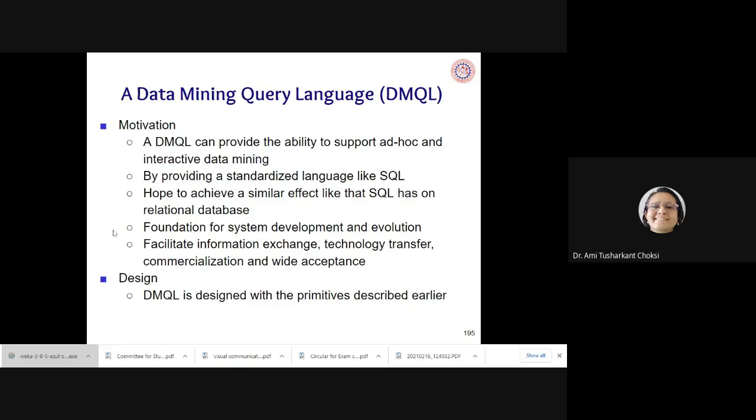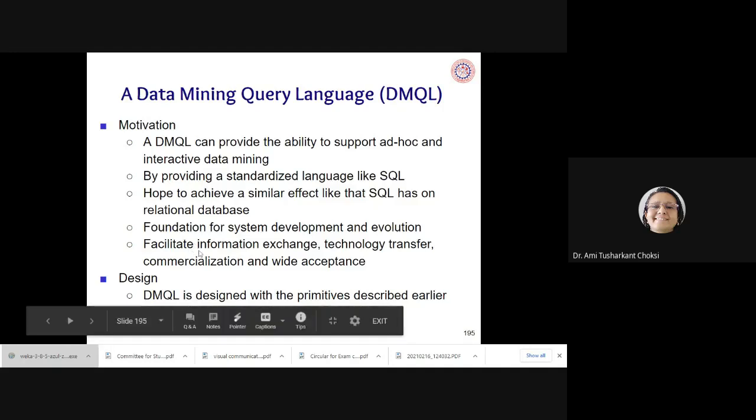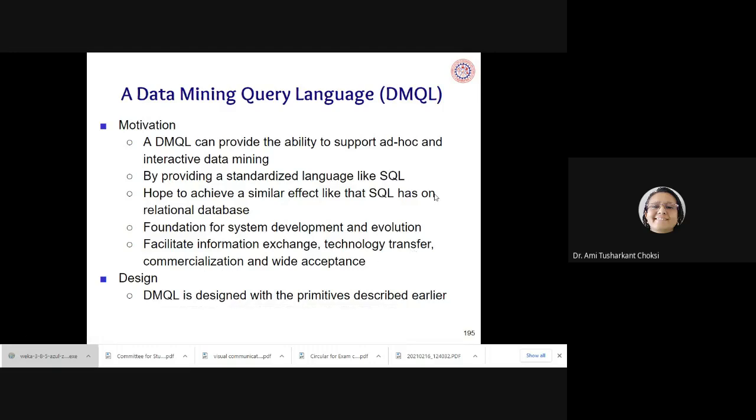Who is the foundation? That is DMQL. It facilitates information exchange, technology transfer, commercialization, and wide acceptance. So, for design, what do we say?